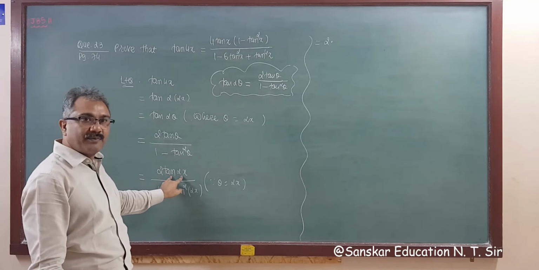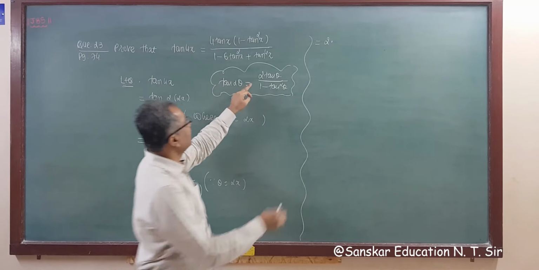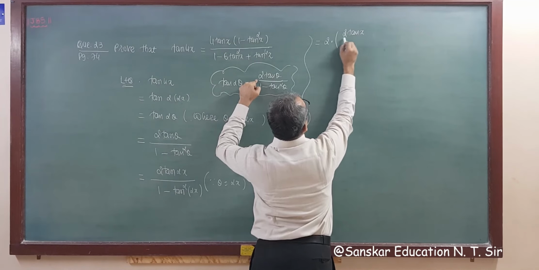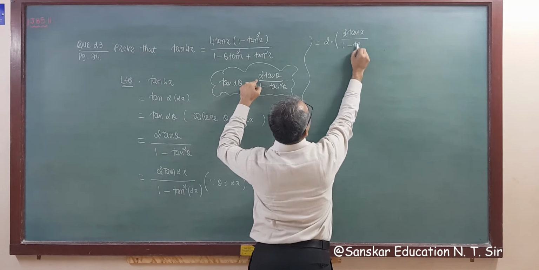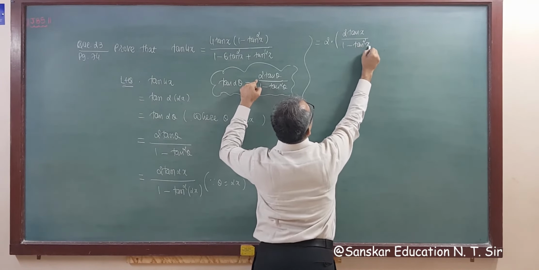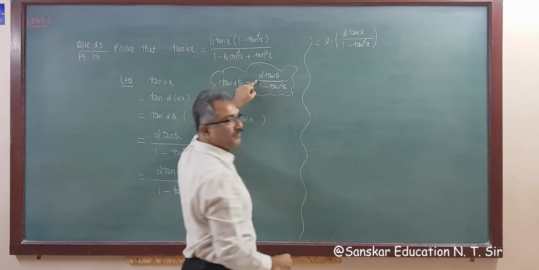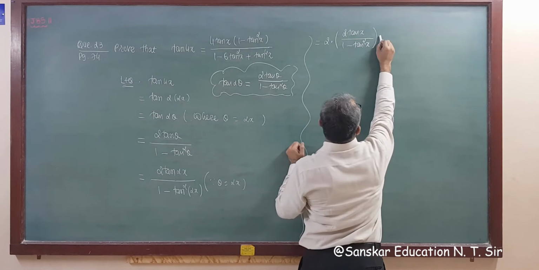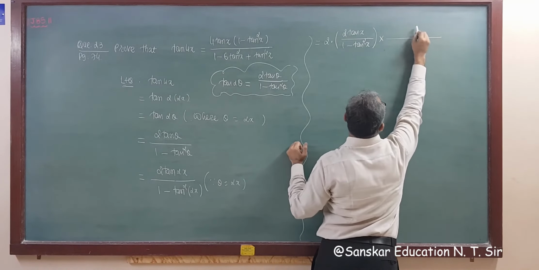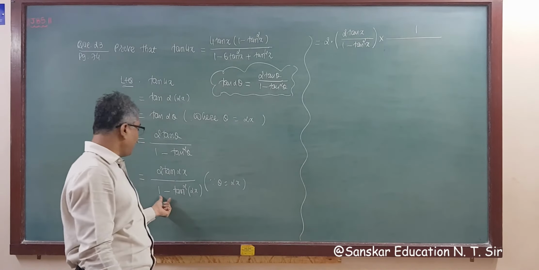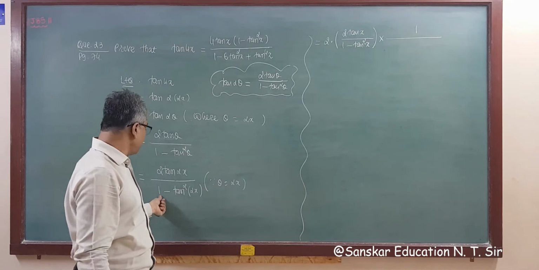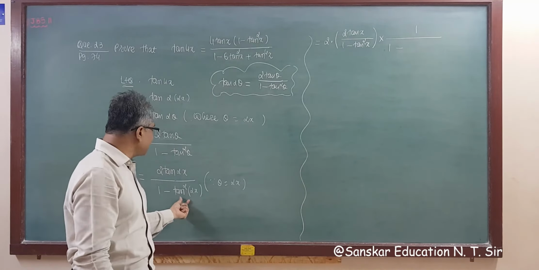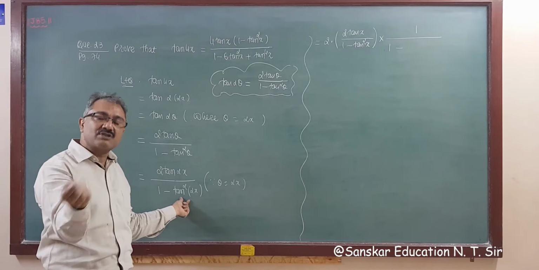Now applying the formula of tan twice x, that is 2 tan x upon 1 minus tan square x. This is the formula for this numerator. Now in the denominator, that is into 1 upon. Now I am writing the denominator separately: 1 minus tan square twice x, that is tan twice x whole square.